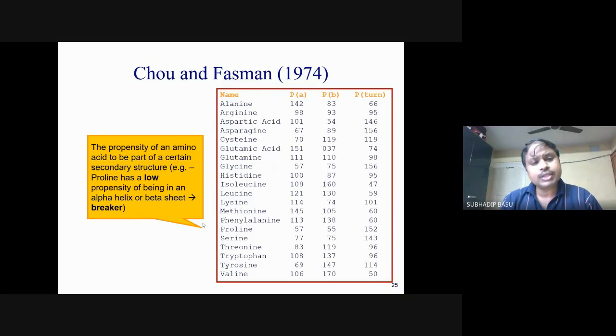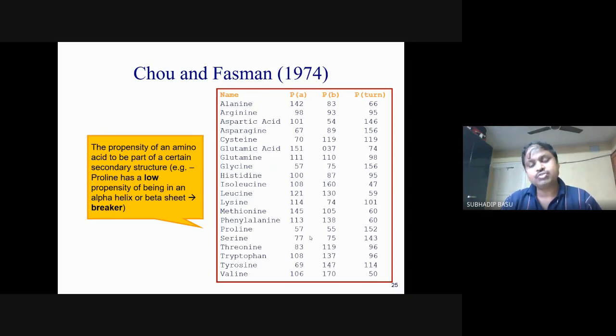What they wanted to say is that there is a propensity of an amino acid to be part of a certain secondary structure. For example, proline, as you can see here, has a very low propensity to become an alpha helix. They considered the protein structures that were available to that date.